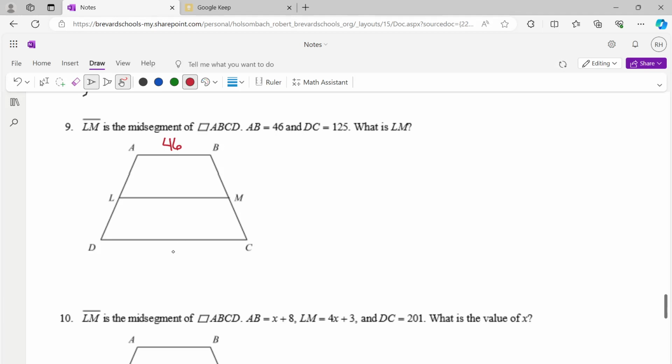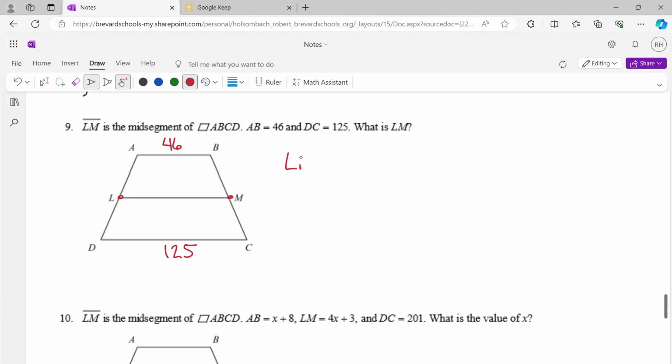DC is 125, I'm sorry. What is LM? The length of the midsegment. We said yesterday that the length of the midsegment is equal to the average length of the bases.